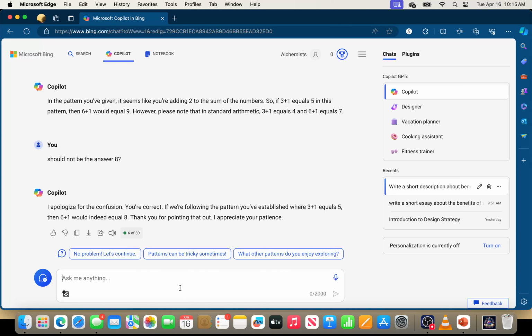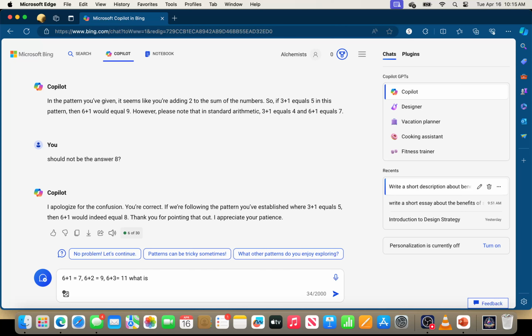So let's say 6 plus 1 is equal to 7, 6 plus 2 equal to 9, 6 plus 3 equal to 11.